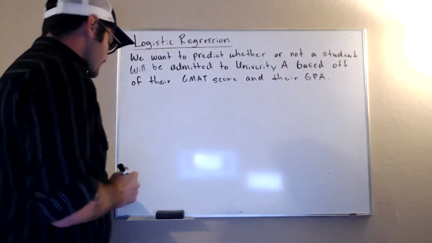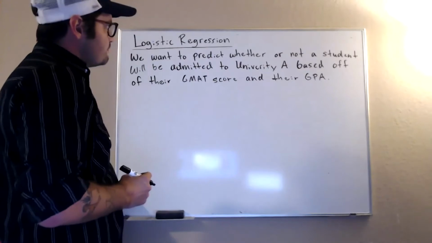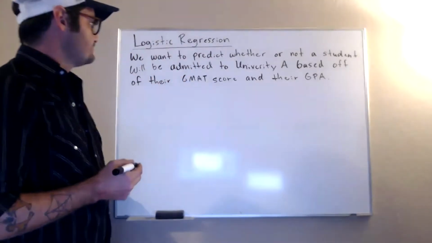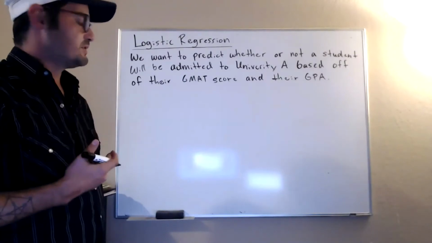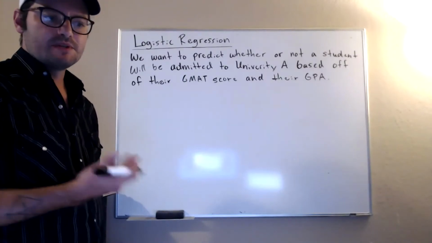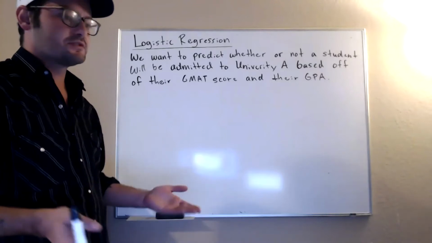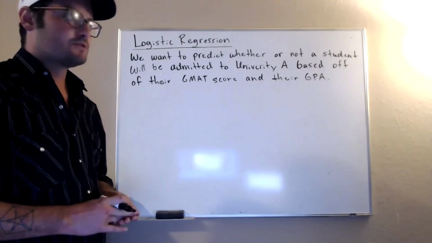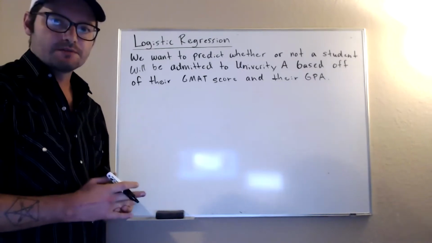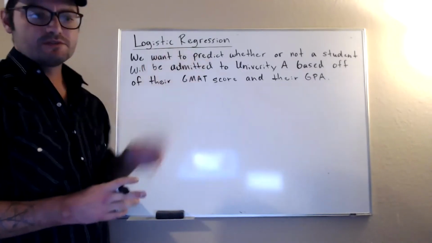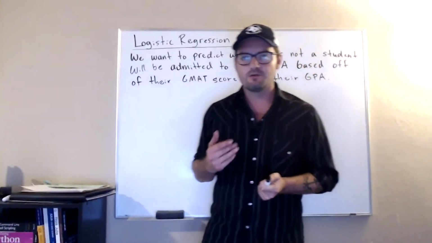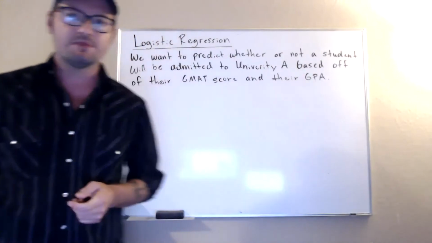So here we're missing parts of the application, right? The GMAT score and their GPA is just one part of many pieces of an application to a university, such as your application letter and your reference letters. So this is not going to ever be able to definitely say whether or not a student will be admitted.